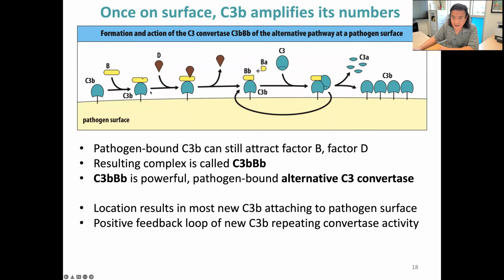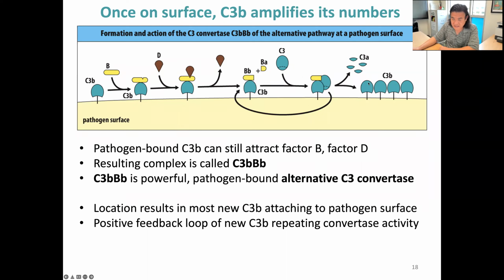So this process happens again, the exact same process involving factor B, factor D, turning it into a convertase complex, and it cleaving another C3 that floats by, planting that C3b on the surface, right? And once it does that, this convertase complex, after it's given up that newly cleaved C3b, is free to keep going around and around and around, grabbing another C3 and making another C3b.